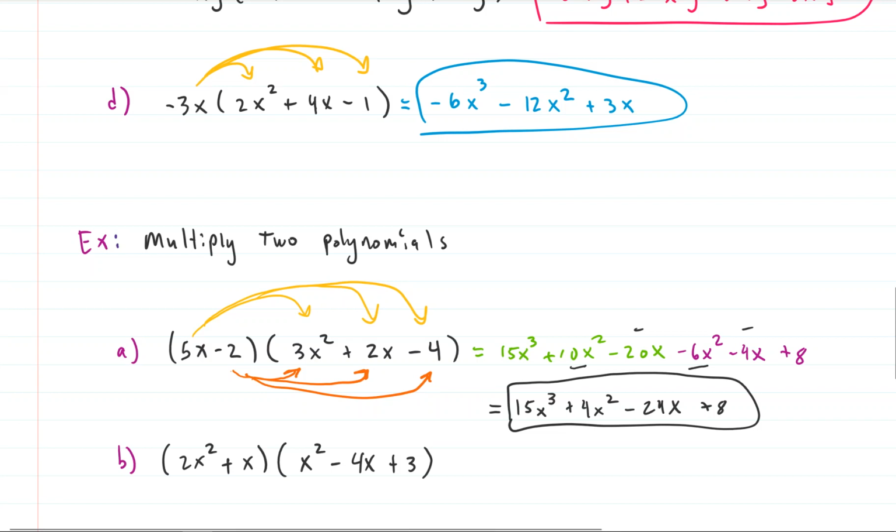So again, let's do the same thing here. We've got a similar problem for b. We've got 2x squared plus x is the first polynomial, and the second polynomial is x squared minus 4x plus 3. And we're going to distribute each term in the first one into every term in the second one.